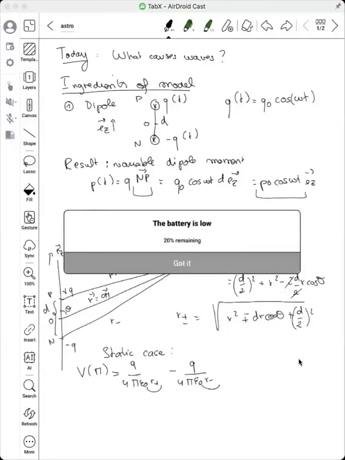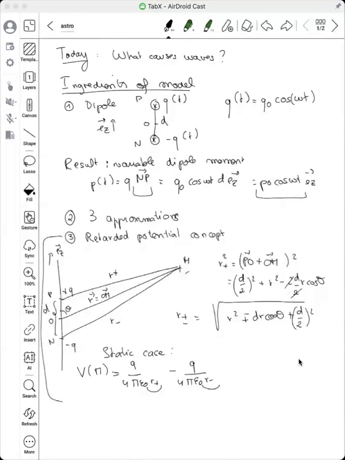Difference number one is that Q is varying. The first thing is that Q is changing with time.